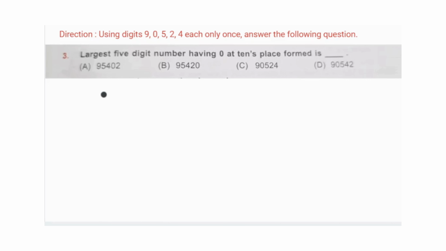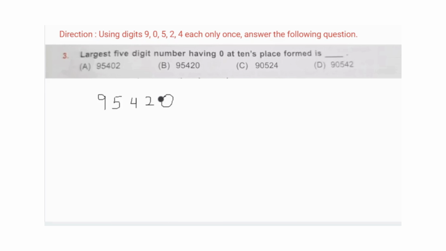For that, we need to write the numbers in descending order. Let's first write down all the numbers in descending order, which is 9, and then the biggest number is 5, and then the biggest number is 4, then it's 2, and it's 0.